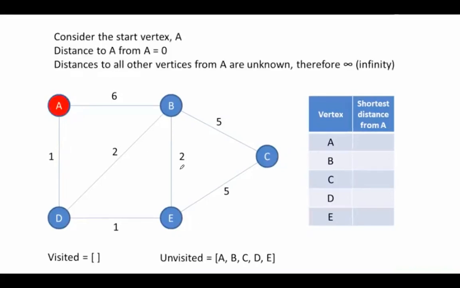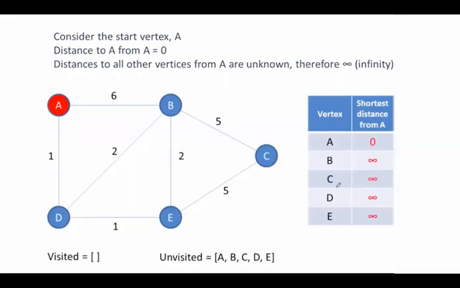Initially, for distance, we have not yet started tracing the graph. So from vertex A to vertex A, it will be 0, and for all other vertices, it is infinity.